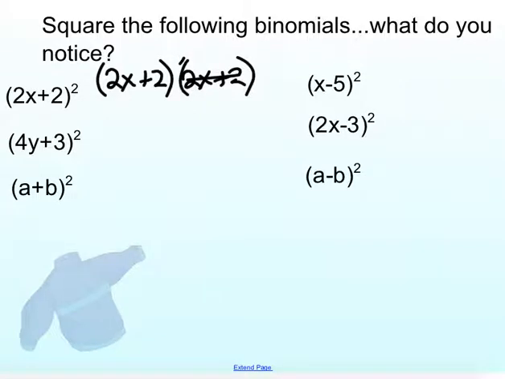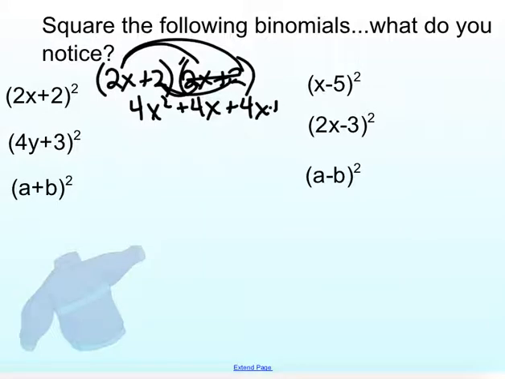In order to do this, we can expand by doing something like rainbows to get 4x squared plus 4x, and some smiley faces, plus 4x plus 4. And so we see the product of this is 4x squared plus 8x plus 4.